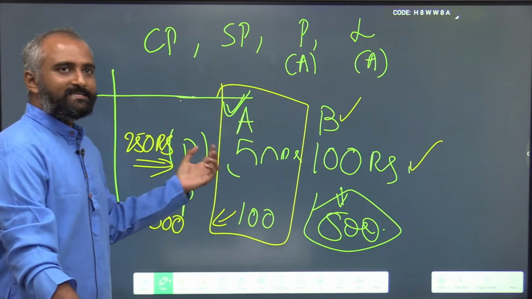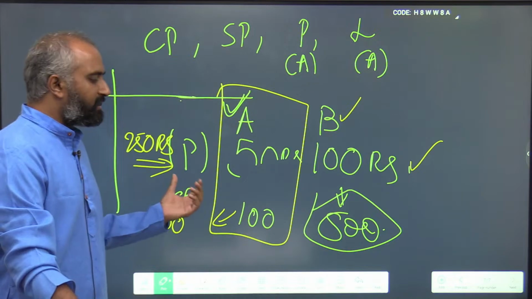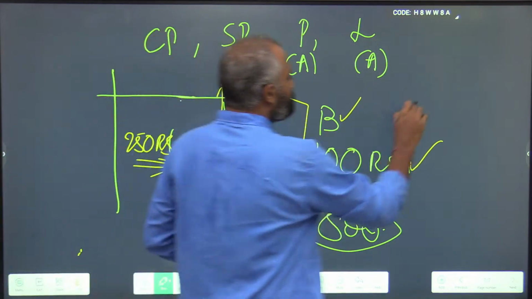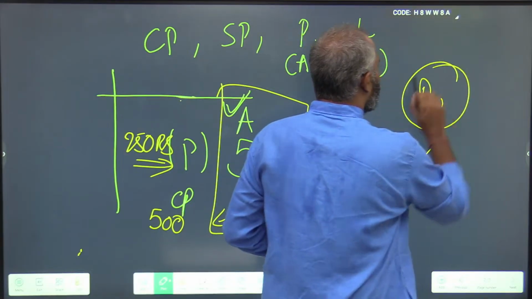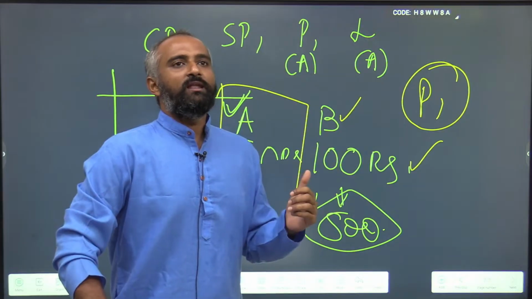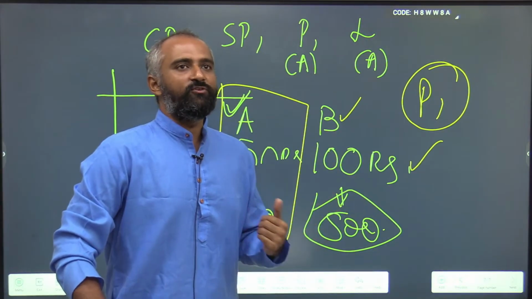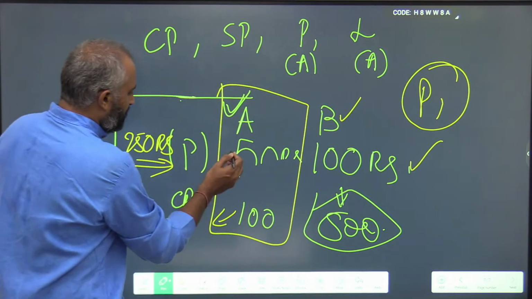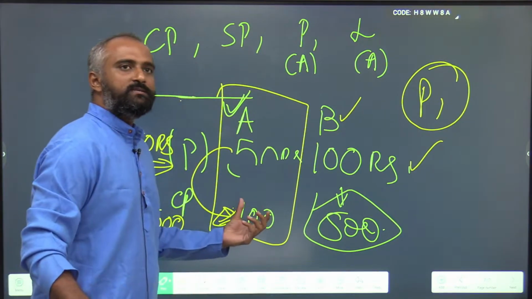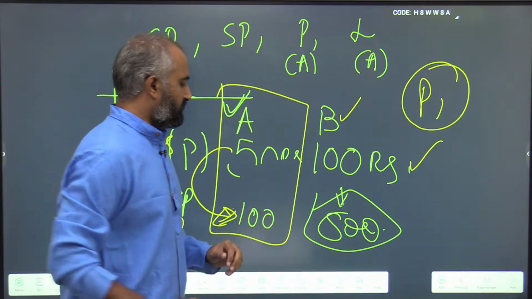So why do we need this? I think this should make clear to you why we need profit percentage, because most of the time profit in itself doesn't provide you the full information or the full field of view. Profit combined with cost price gives you the whole picture.